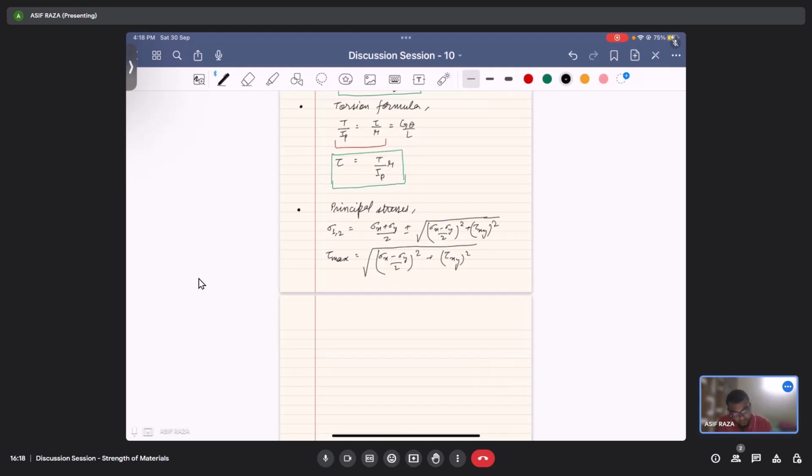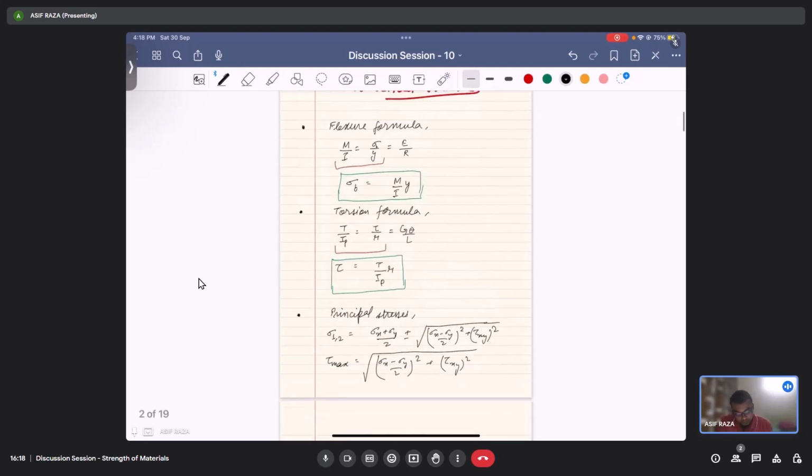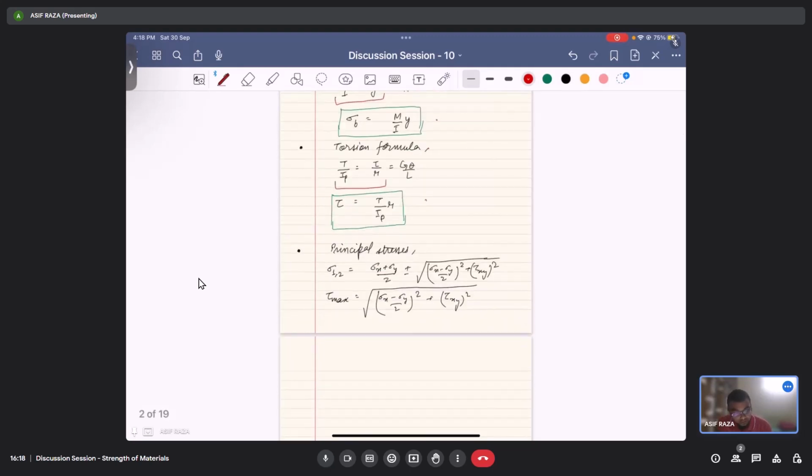Now let us use this to find the principal stresses and maximum shear stress generated due to the combined system.